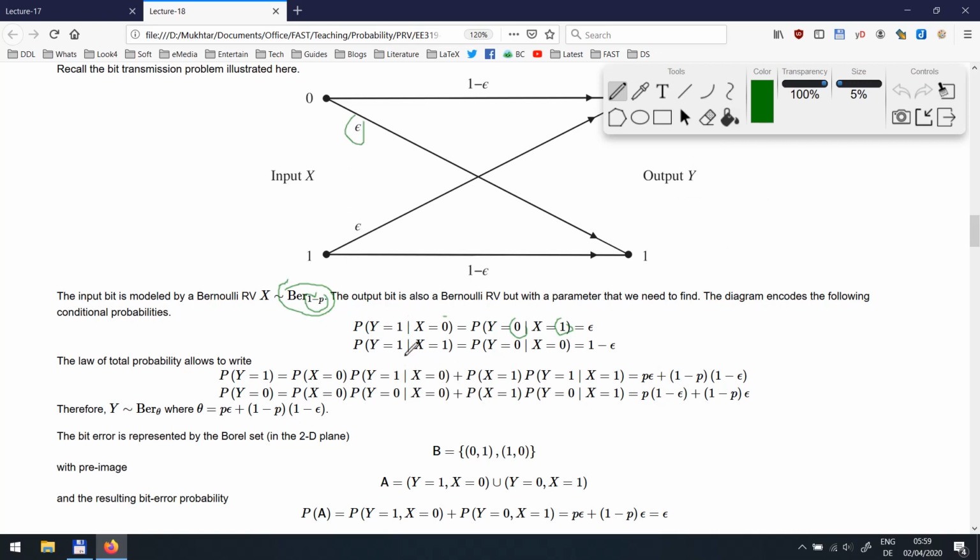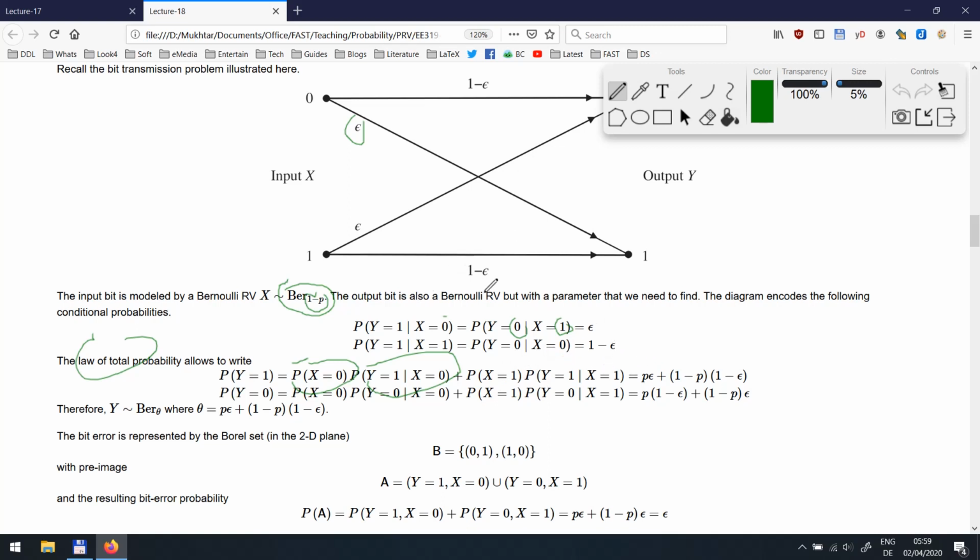Because I only have two possible values, I don't need to go into too much math. I just use the law of total probability for y equal to 1 and for y equal to 0. I just take into account all the possibilities. A 1 can be received either because a 0 was sent and there was an error, or a 1 was sent and there was no error.